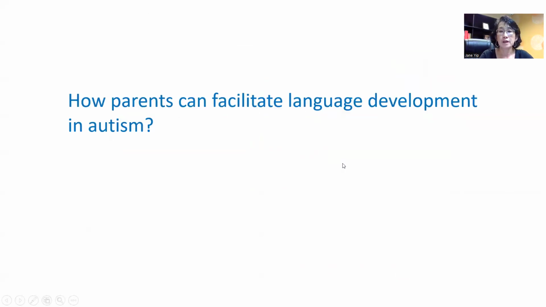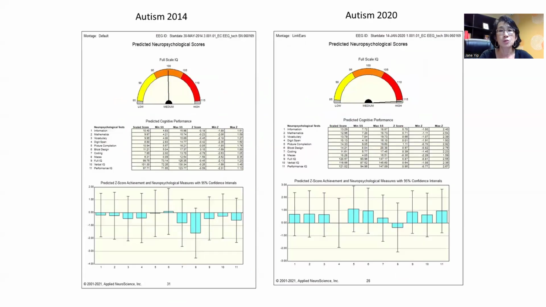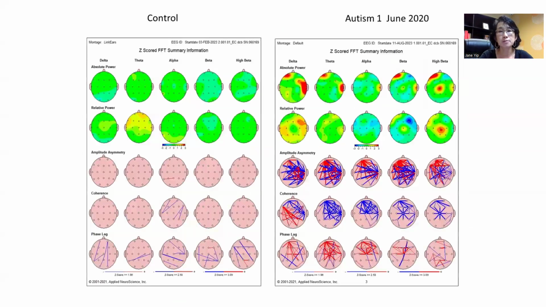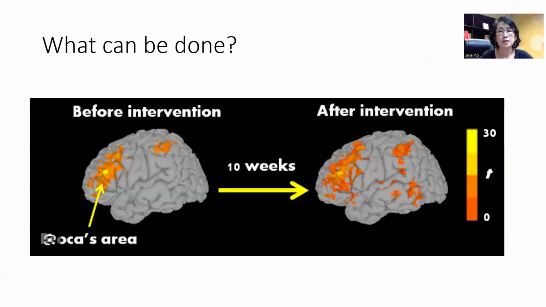So it is promising with the intervention, with systematic training. You can see that the deficit that is presented at birth can be ameliorated, and other areas of the brain can collaborate and participate.